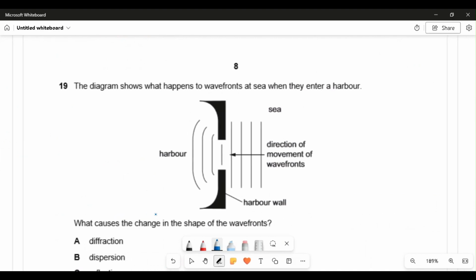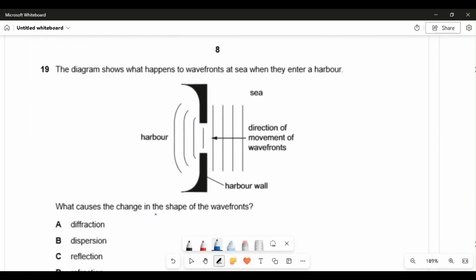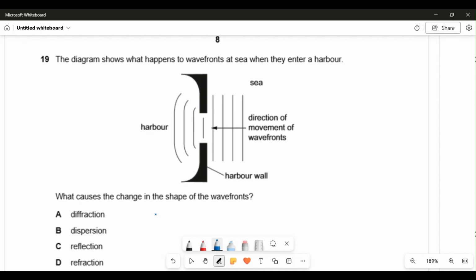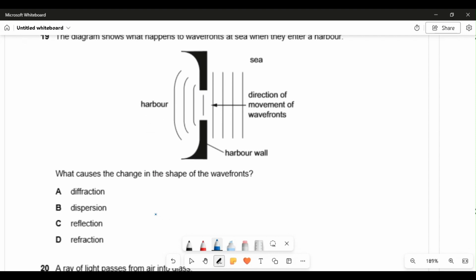Question number 19. We can see there are wavefronts moving toward the harbor wall. The harbor wall has a gap in it, and after the gap, waves are passed through but bending around the corner.